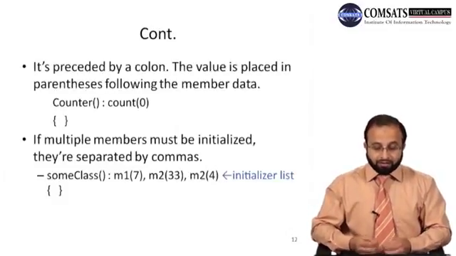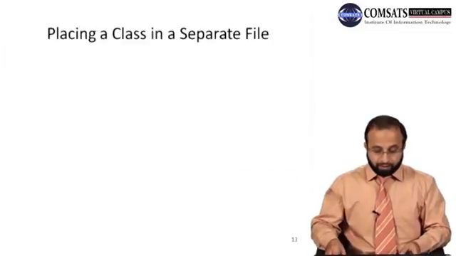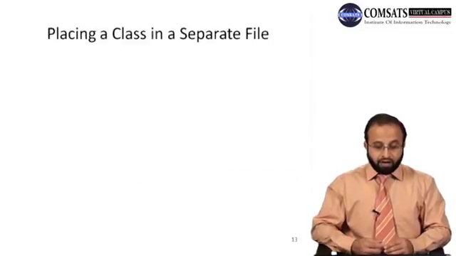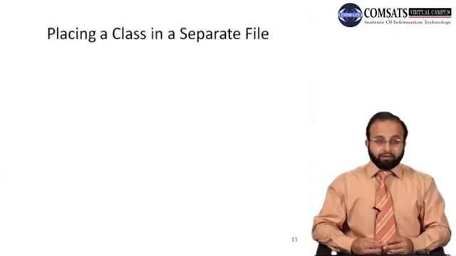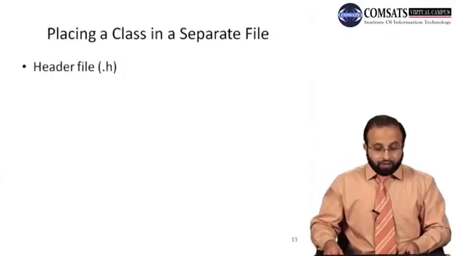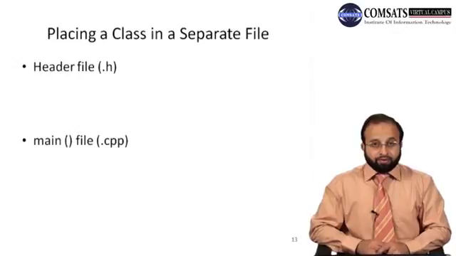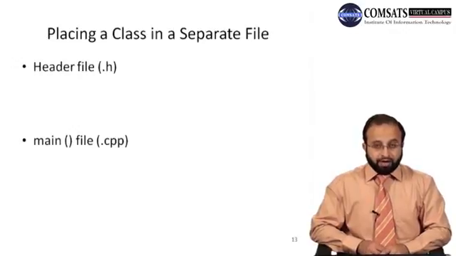We will see the constructor in more detail today, but before that let's see how we can place a class in a separate file. We have a header file and we have a main function file called cpp, and the header file is basically a .h file.